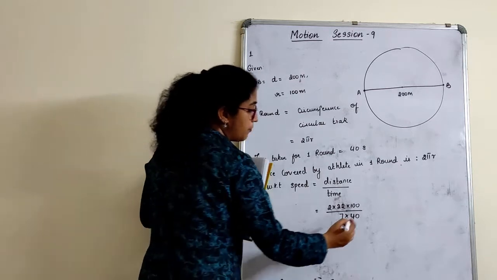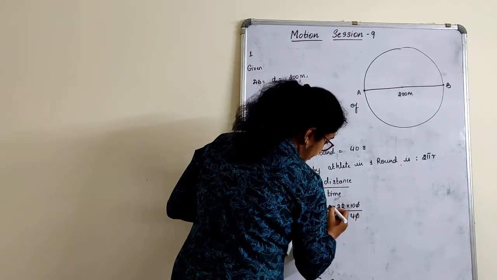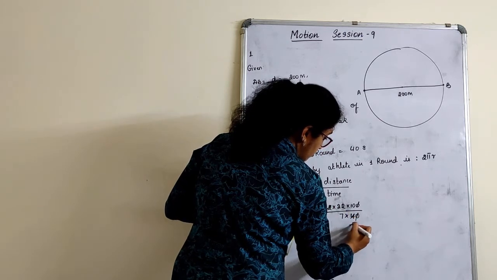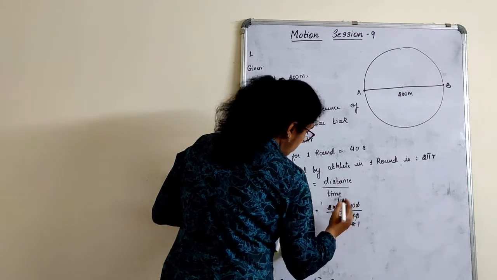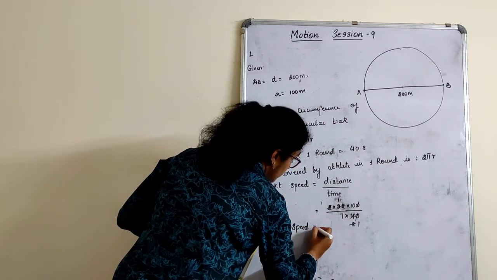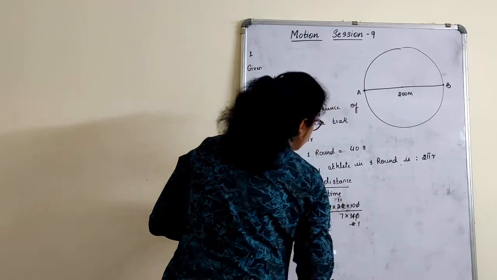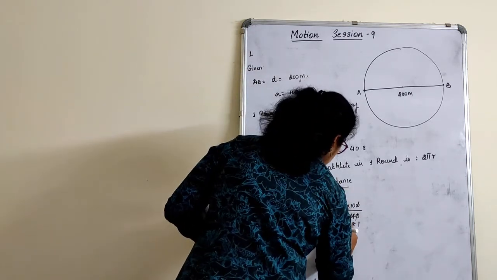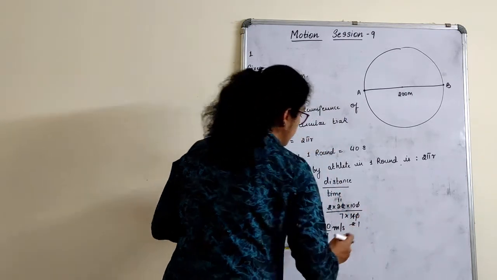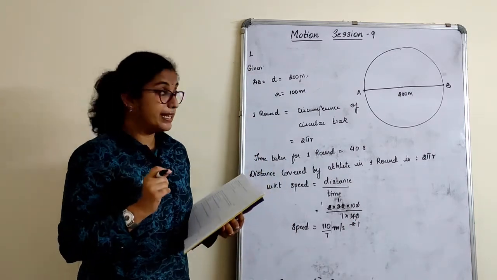Is this very clear? So 0 and 0 will go. We can write here 2 ones are 2, 2 twos are 4, 2 elevens are 22. So speed of the athlete is equal to 110 by 7. We can write this in terms of meters per second. Keep this as it is. I hope this much is very clear.